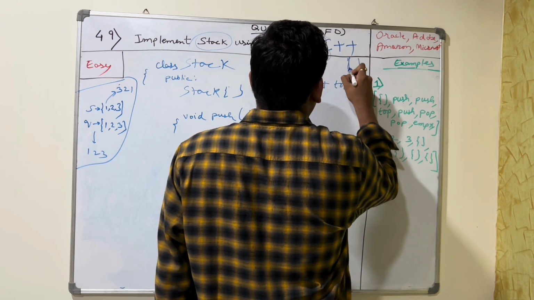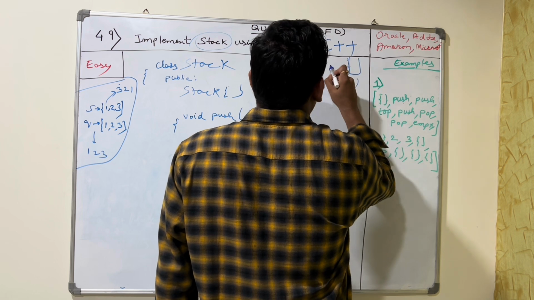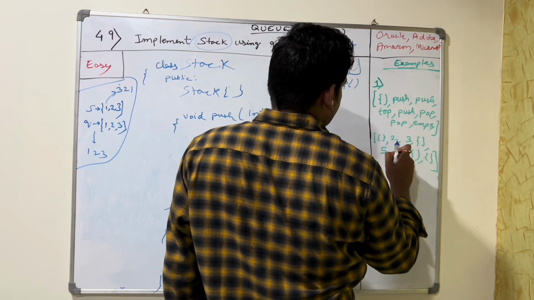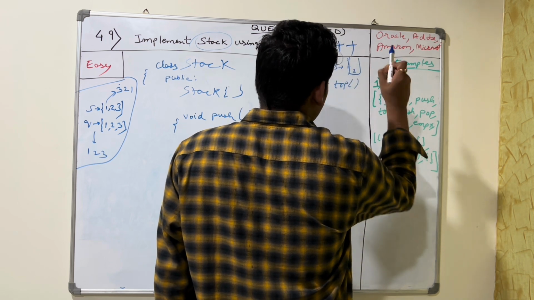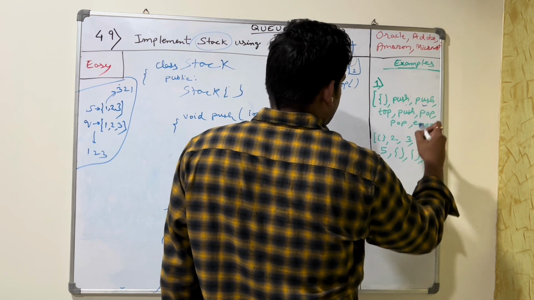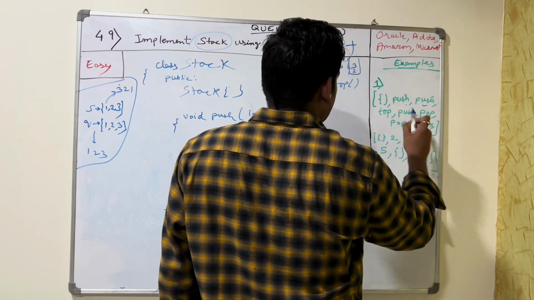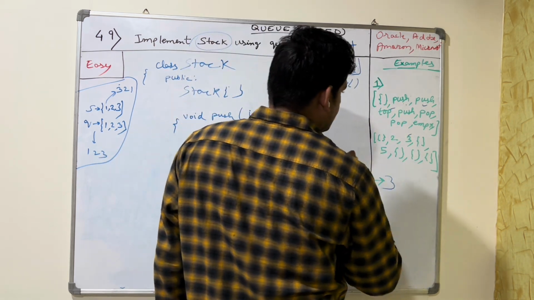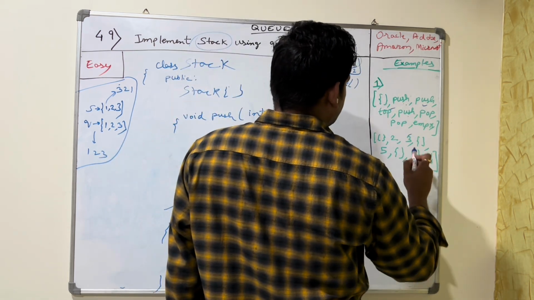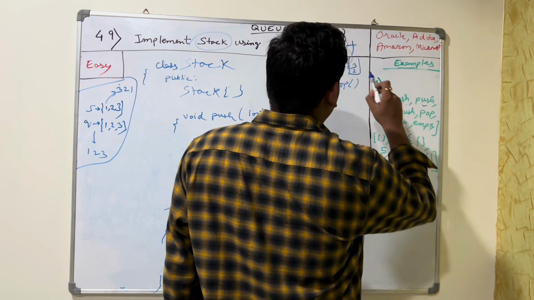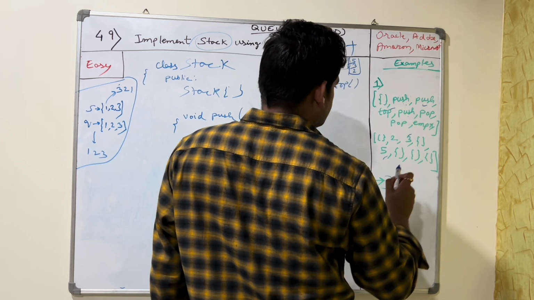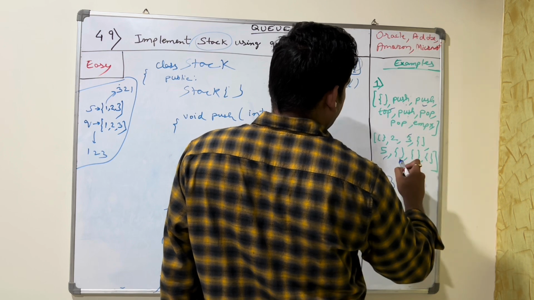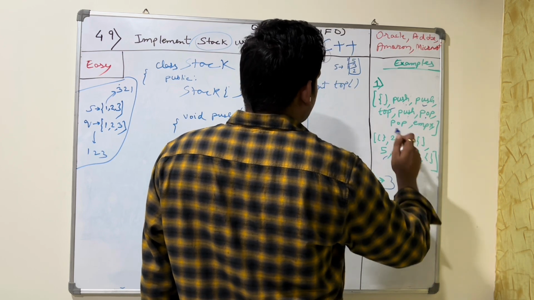We know we form the stack like this. If this is the stack, initially 2 went to the stack, then 3 went to the stack, and then we print the top element. What is the top element? 3 is the top element, so 3 comes. Then 5 has been pushed, and then we pop out.